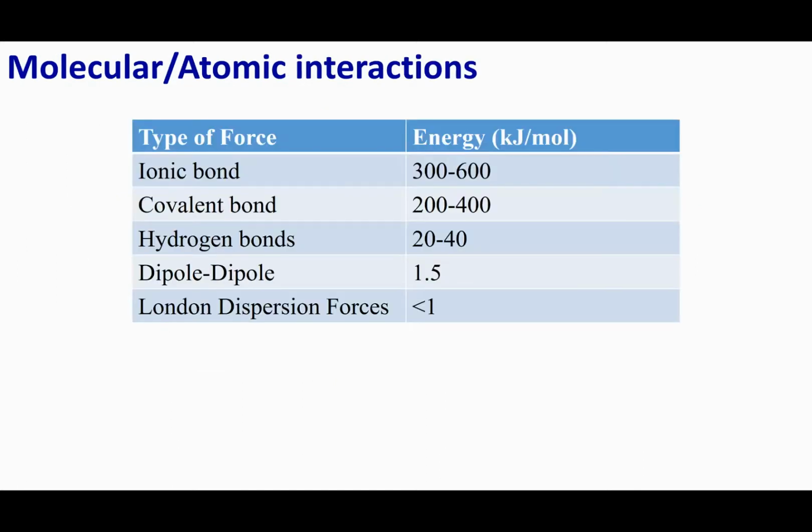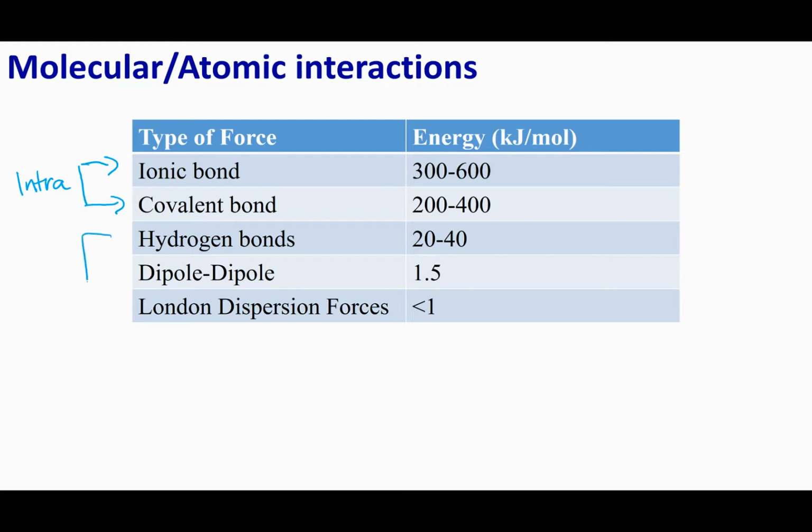So on that note, let's take a look at the relative strength between intramolecular forces and intermolecular forces. On top right here, these are what are classically regarded as intramolecular forces. This is how one atom is attached to another atom. And you can see that these are quite strong, anywhere from 200 to 600 kilojoules per mole.